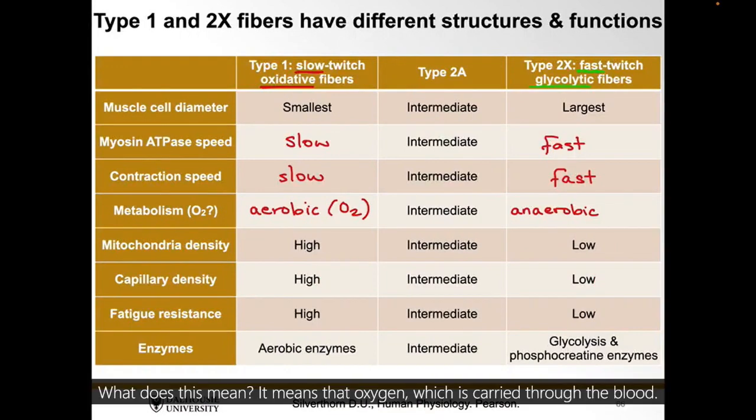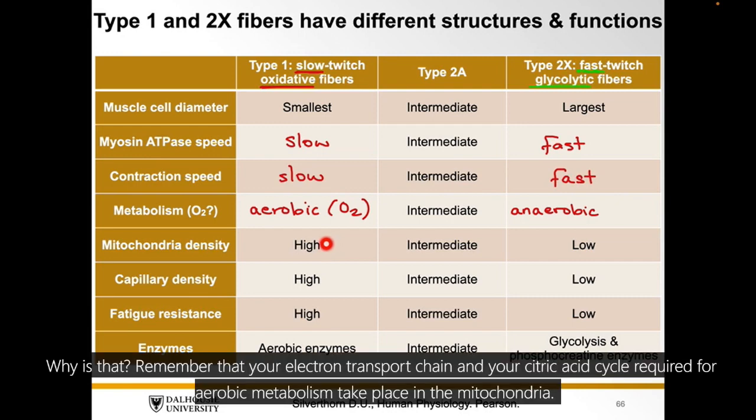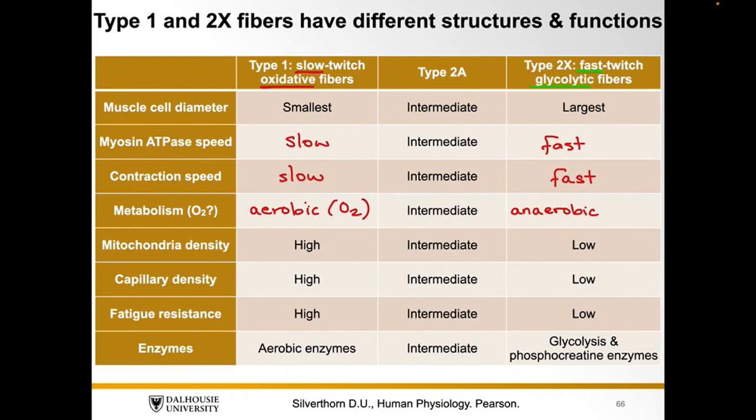What does this mean? It means that oxygen, which is carried through the blood, can more easily reach those muscle cells. They also have high mitochondrial density. Why is that? Remember that your electron transport chain and your citric acid cycle required for aerobic metabolism take place in the mitochondria. Therefore, the more mitochondria the cell has, the greater its capacity for aerobic metabolism.